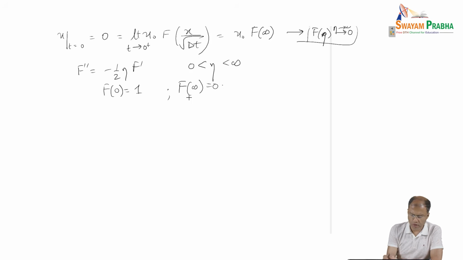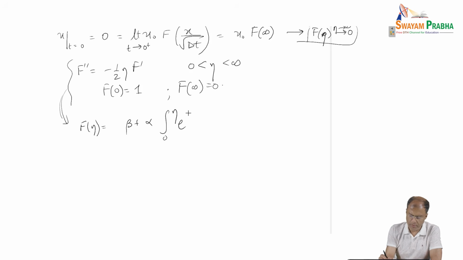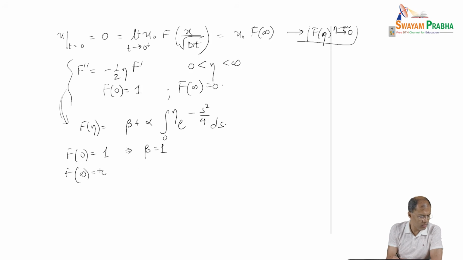And if we solve this now, I am not going to show you the steps, but directly give you the answer that after the solution we see that f of eta comes out to be beta plus alpha times integral 0 to eta of e to the power minus s square by 4 ds. And now if we start plugging in the boundary conditions, f of 0 is 1, we see that beta is 1, and if we use f of infinity is 0, we see that alpha comes out to be negative 1 by square root pi.